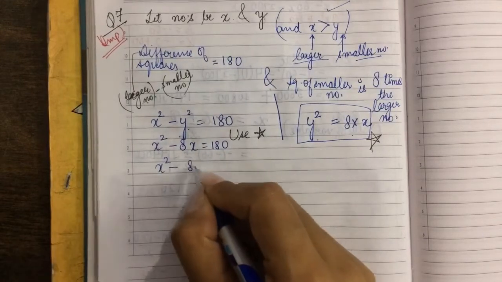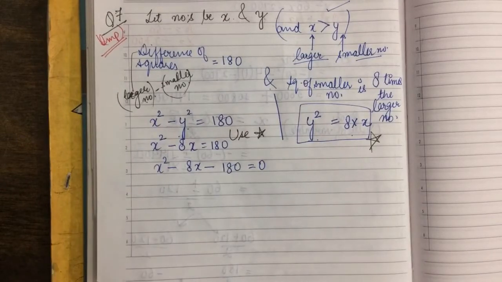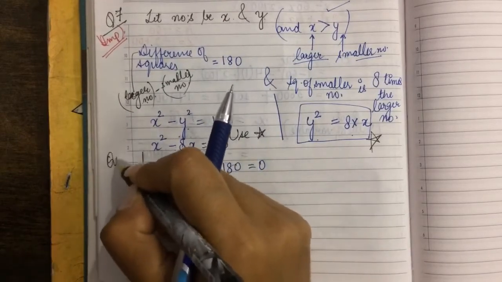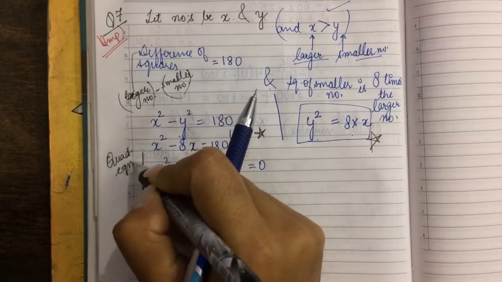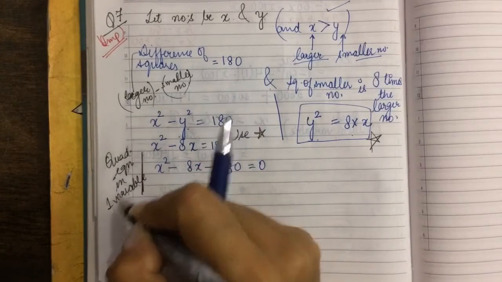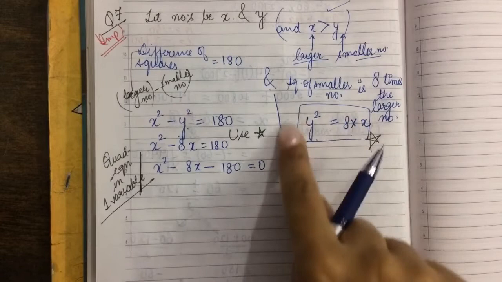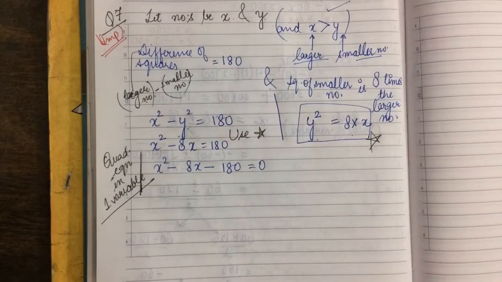X square minus 8x minus 180 equals 0. For yourself, you can note down this is the quadratic equation in one variable. You will be solving this to find out x. With the help of x, we will obtain y, because we have to find out both the numbers.